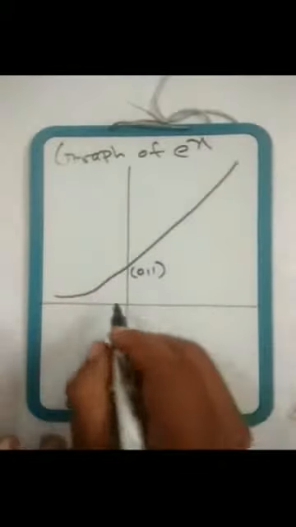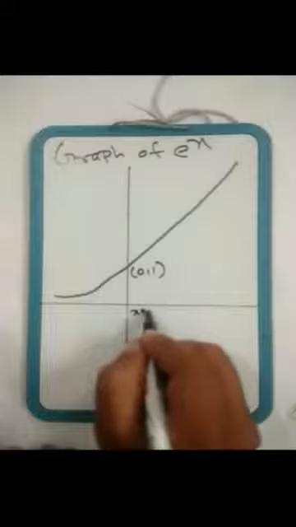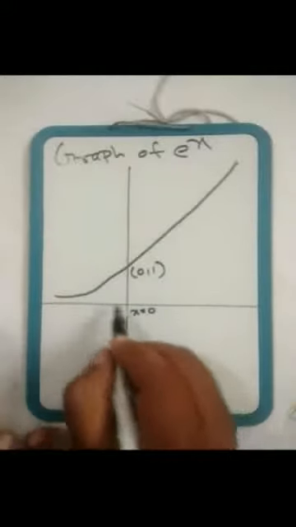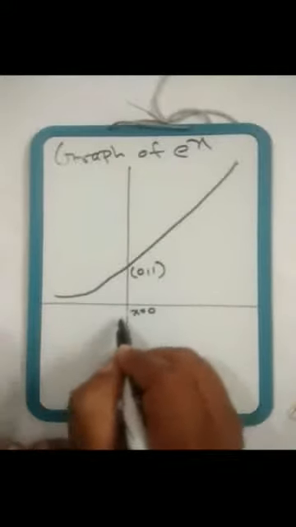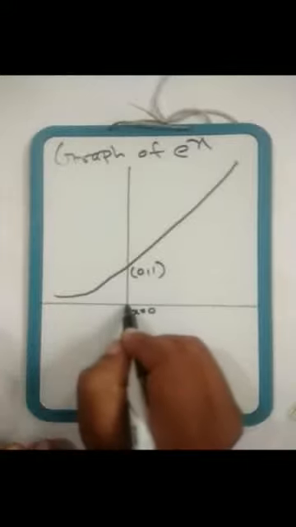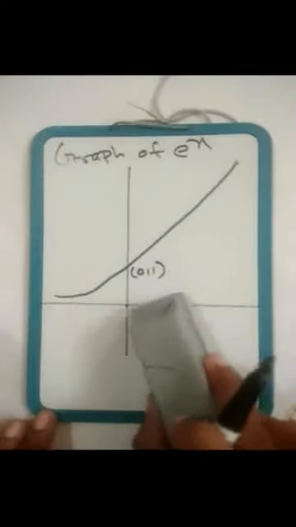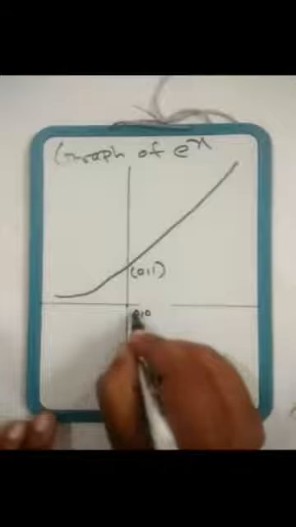This is the x equal to 0 line, or this is the origin, which you can write as 0, 0.